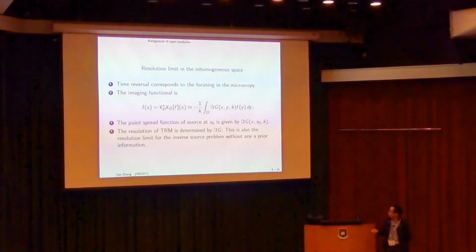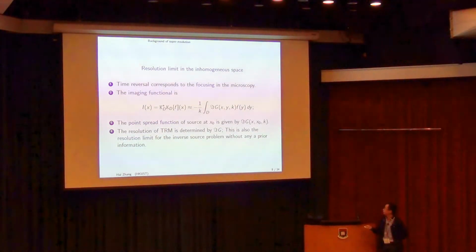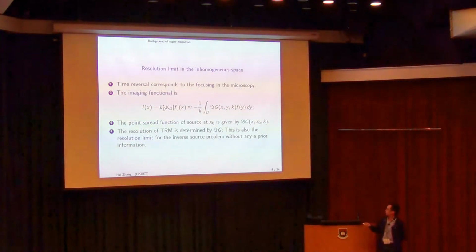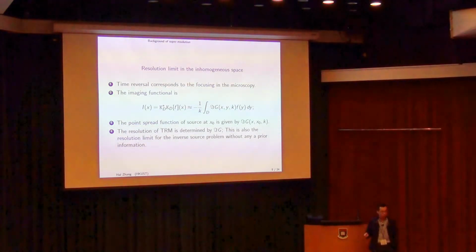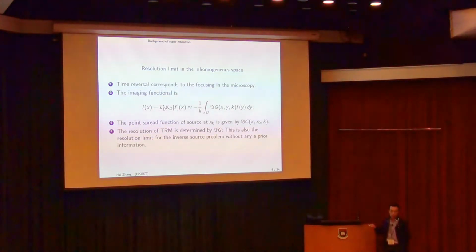From here, we can conclude that the resolution of the time reversal method is determined by the imaginary part of the Green's function. This varies from location to location, and this is also the resolution limit for the inverse source problem without any a priori information. This can also be viewed as a generalization of the Abbe diffraction limit.